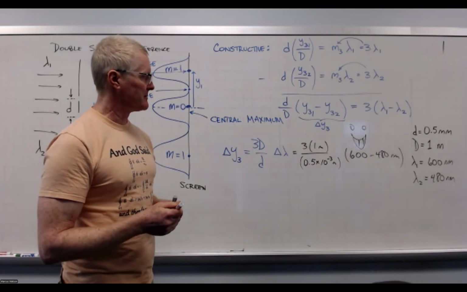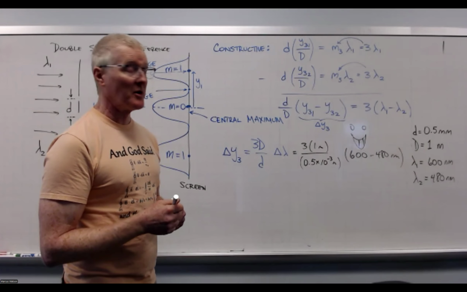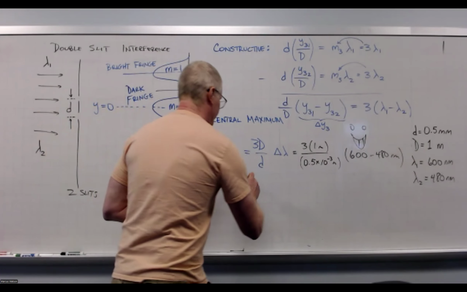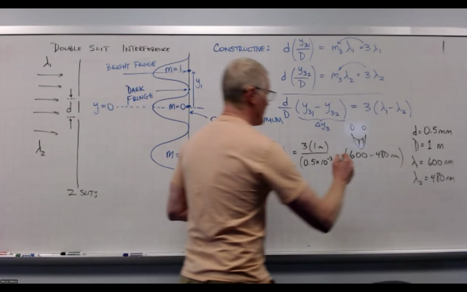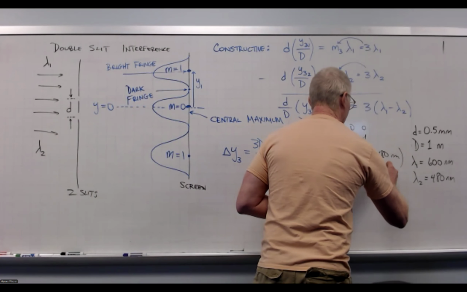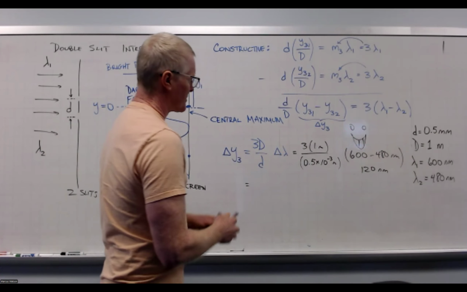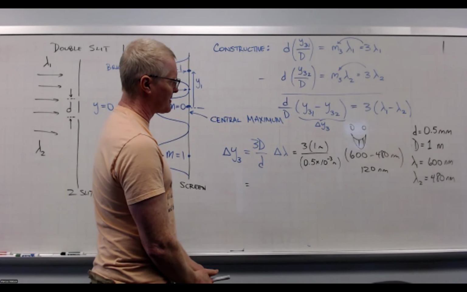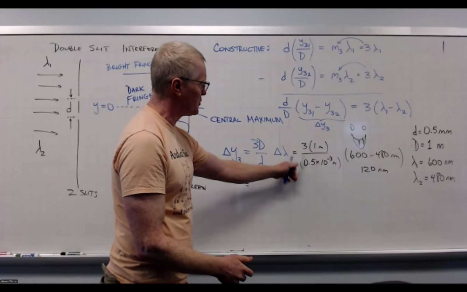Okay, fine. No big deal. It's going to be quite a lot of them. So what do we have here? Well, this is going to be 120 nanometers. This is 0.5 times 10 to the minus 3. So if I just shove the 10 to the minus 3 up top and then I hit 5, that's going to make 2.